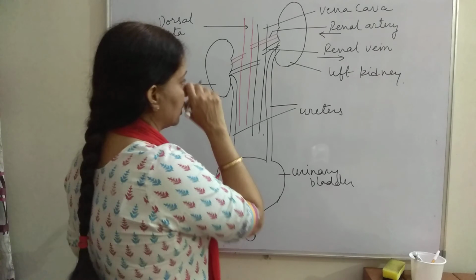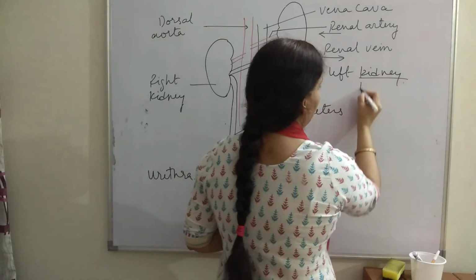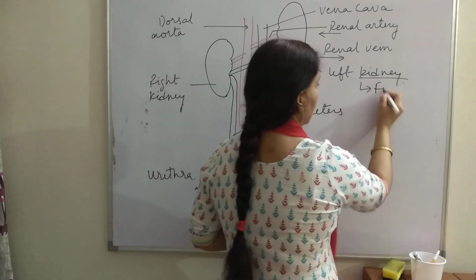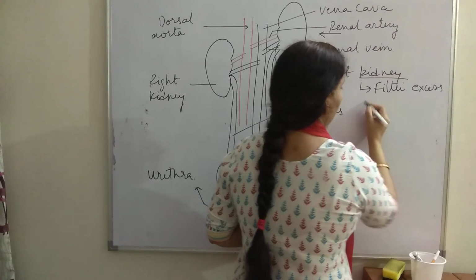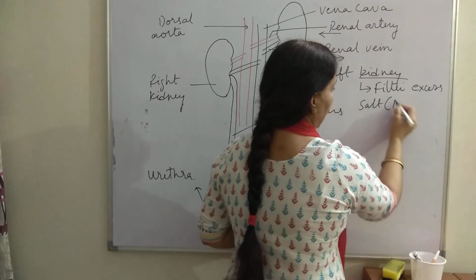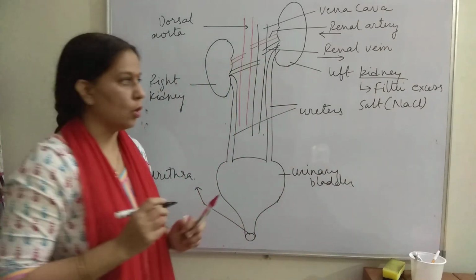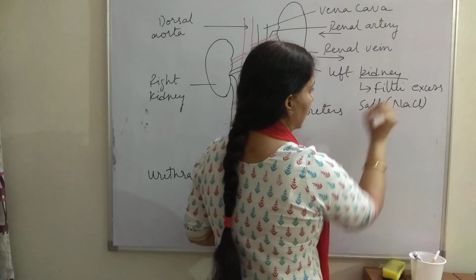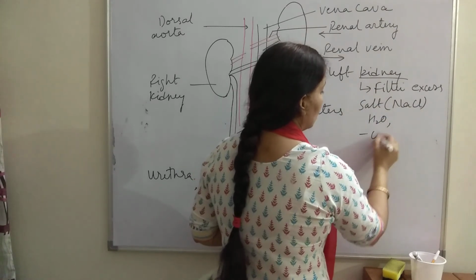Now what are the functions of all these parts? Kidneys are the major organs of excretion. They filter excess salt. Which salt are we talking about? NaCl, that is common table salt. We eat salt more than our requirement, that is why it is filtered and removed by kidneys. Kidneys also filter excess water and urea.